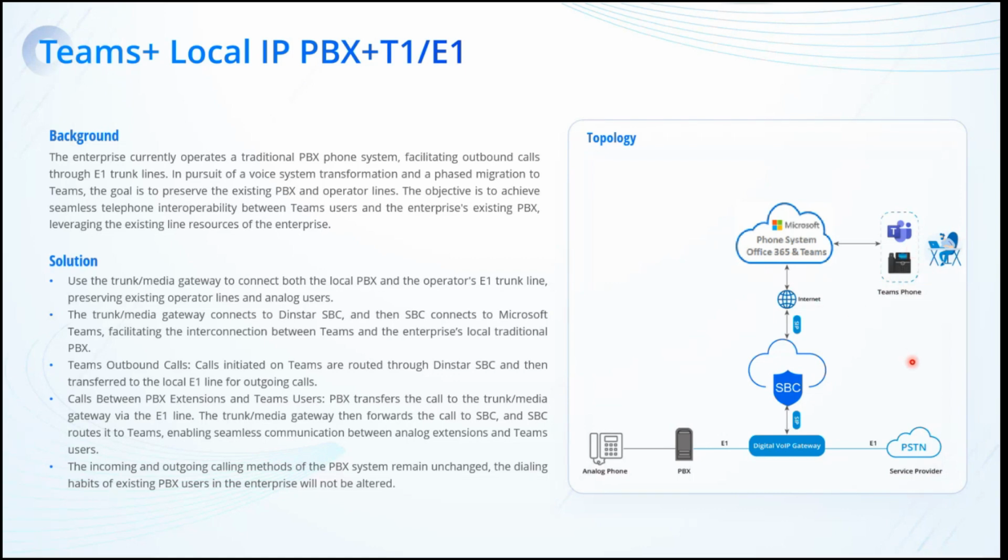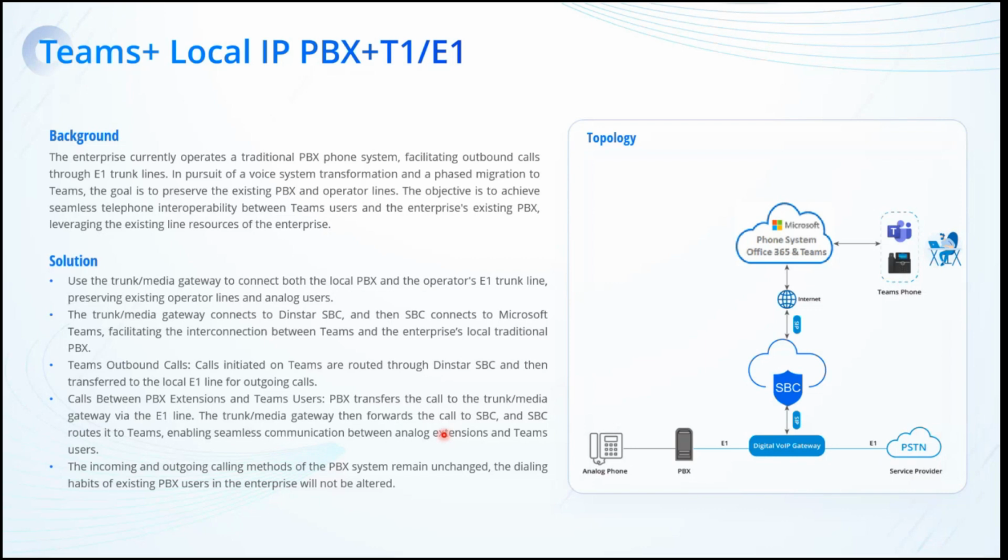Of course, sometimes customers still have some contact numbers for the PSTN line. The customer can still make an incoming call, go to the E1, T1, then go to your PBX. So you don't lose any customers or contacts. So it's also a very good solution for the integration with legacy systems.